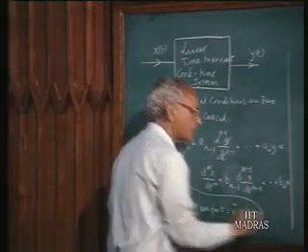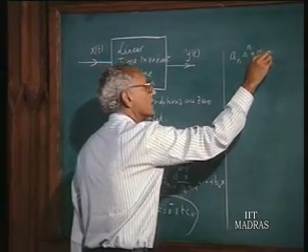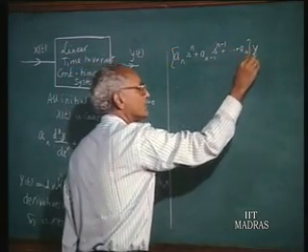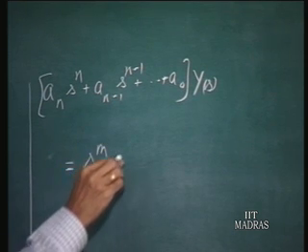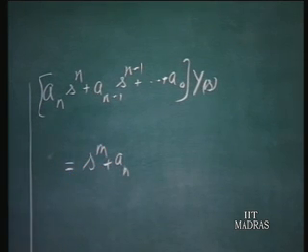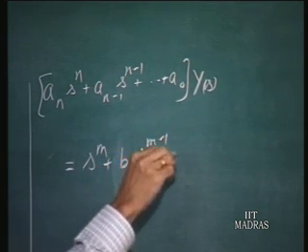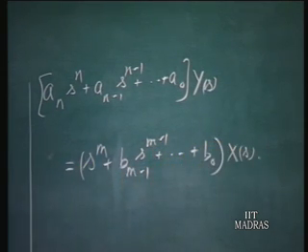If you take the Laplace transform, you have (a_n s^n plus a_(n-1) s^(n-1) on up to a_0) times Y(s) equals (b_m s^m plus b_(m-1) s^(m-1) on up to b_0) multiplying X(s).